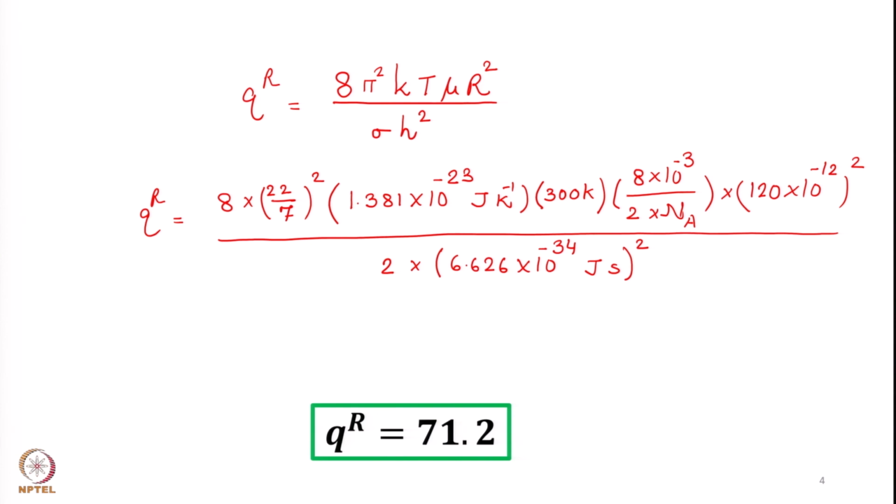All right. So this calculation gives you a QR value of 71.2.